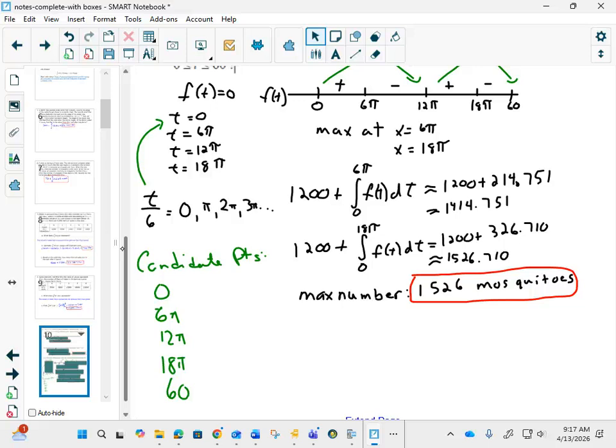My function is continuous. Its derivative exists because the rate is there. So I can use my extreme value theorem. And so then I need to check all my candidate points. And I get my max number is 1526. I find on the exam these ones about max and min are often ones students don't get full marks because they're not showing all of those steps.